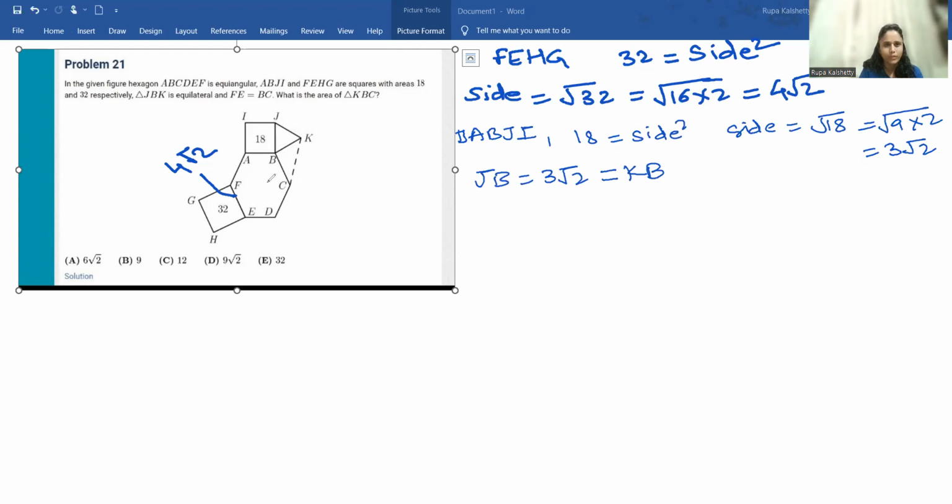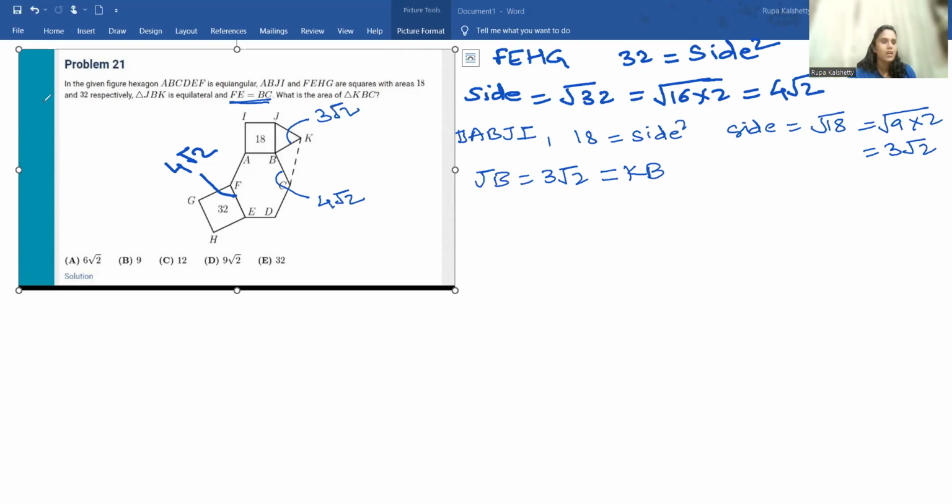All right. Now they have clearly written here that FE is equal to BC. So can we write that this is 4 root 2, and this side, which is KB, is 3 root 2.